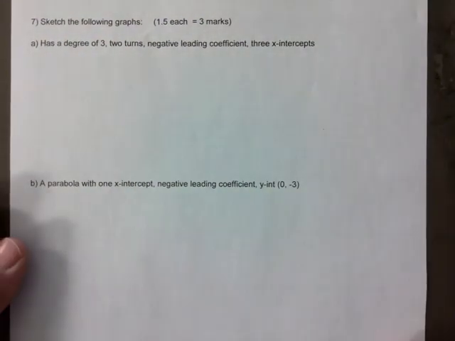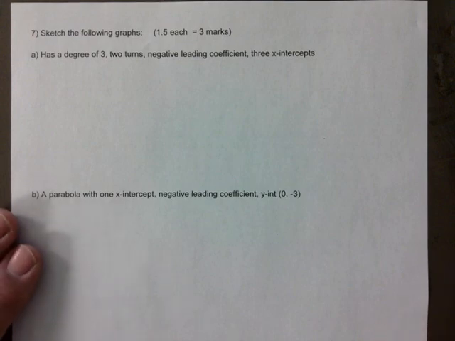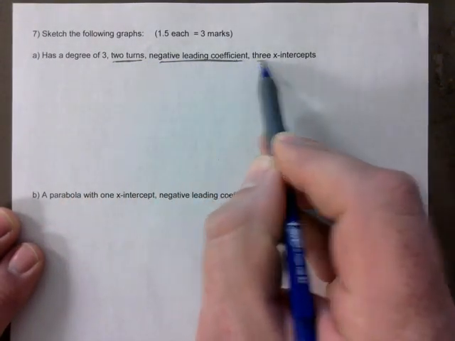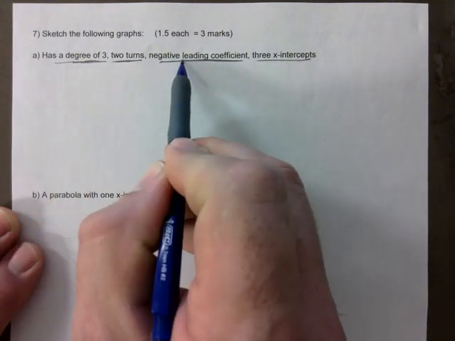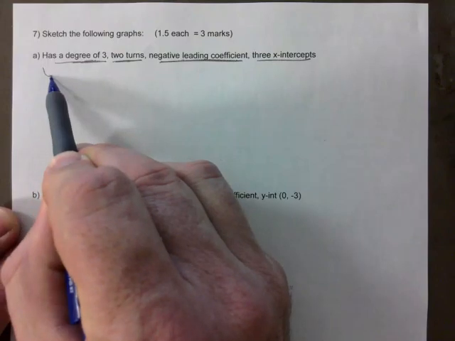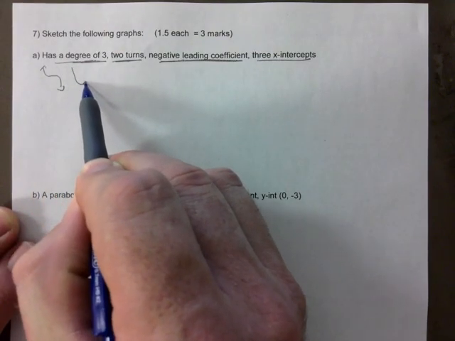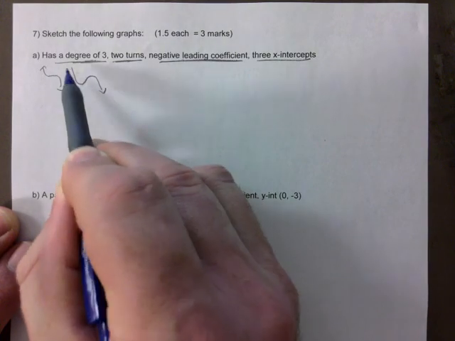Sketch the following. Has a degree of 3, 2 turns, negative leading coefficient, 3 x-intercepts. So right off the bat, we know it's a cubic, and it's got a negative. So we're expecting something like this, but it has 2 turns. So we need to be a bit more aggressive with our turns.